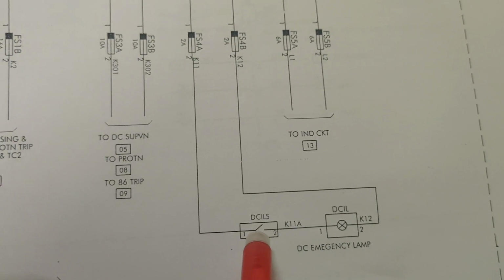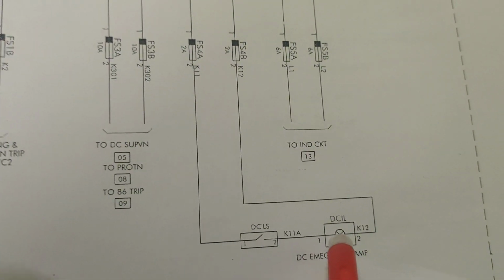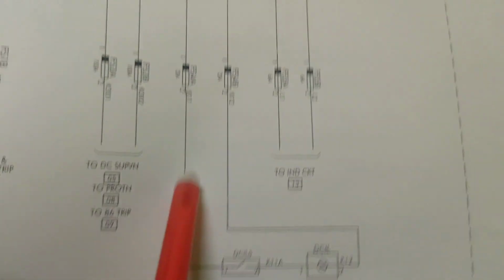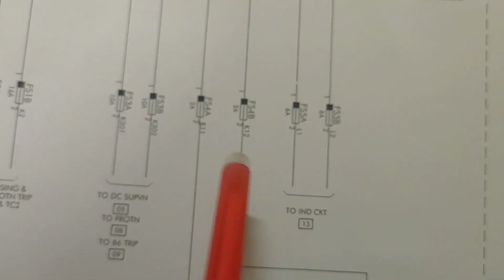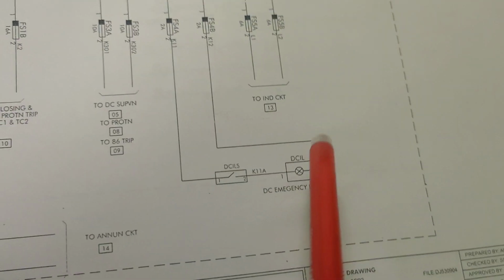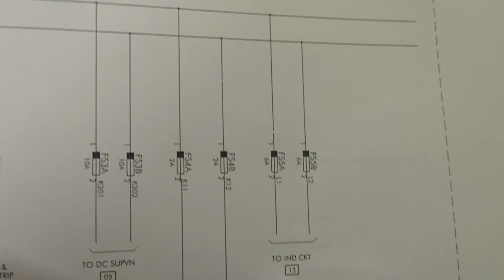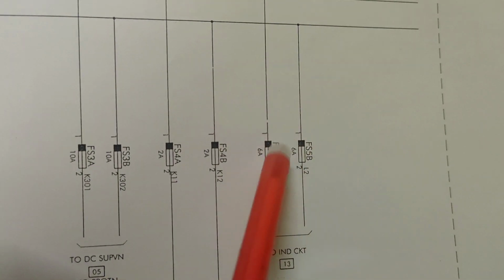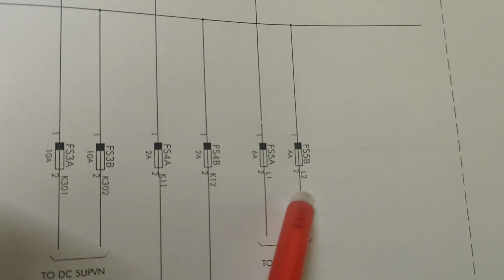If you turn on the toggle switch, this DC lamp will be on. That way we are assured that the positive DC supply and the negative connectivity between this bus and this circuit are okay. Another parallel path is used for the indication circuit, that is FS5A, FS5B, L1 and L2.